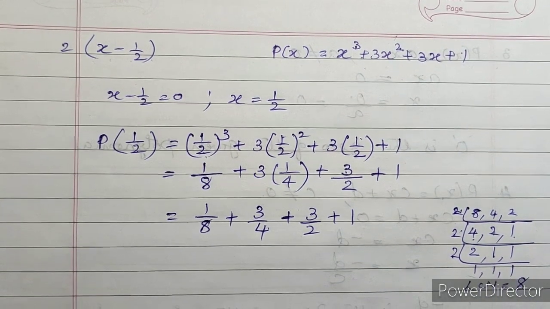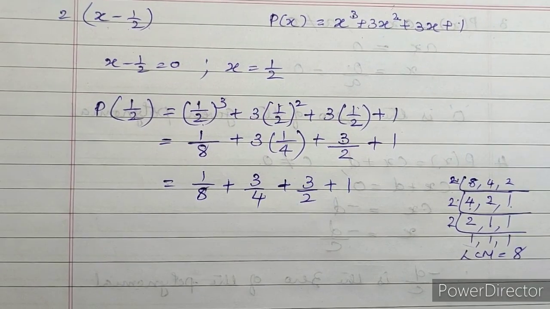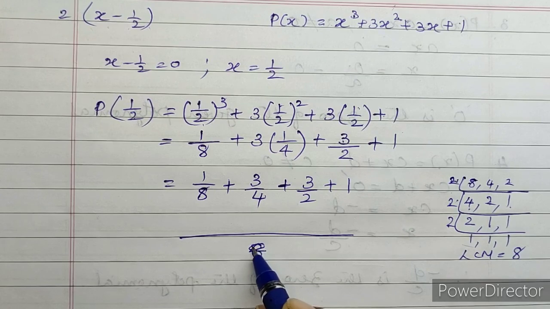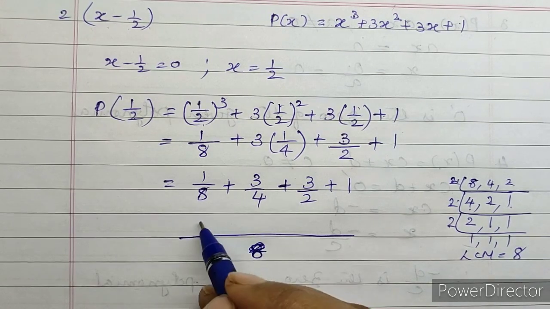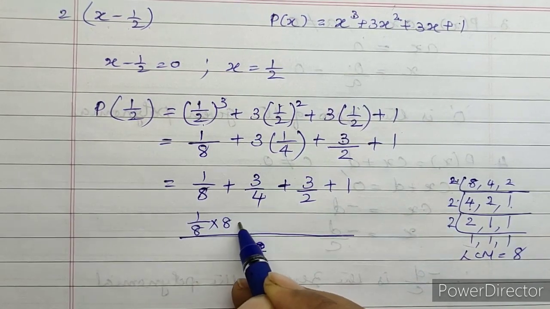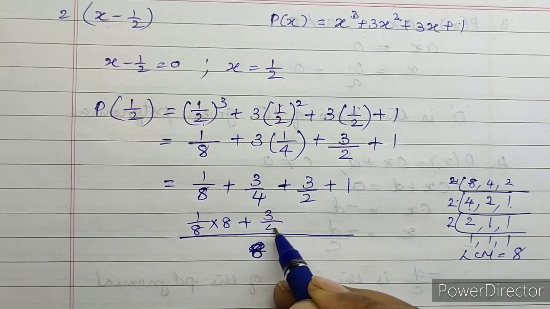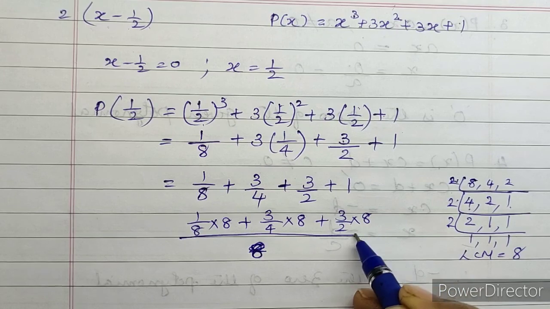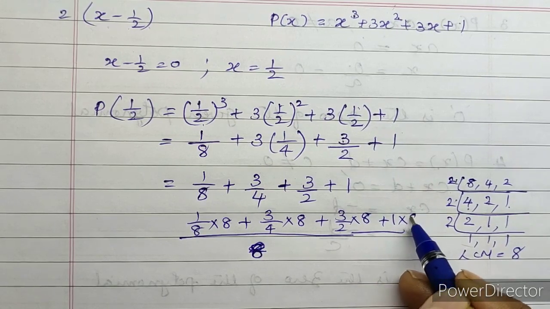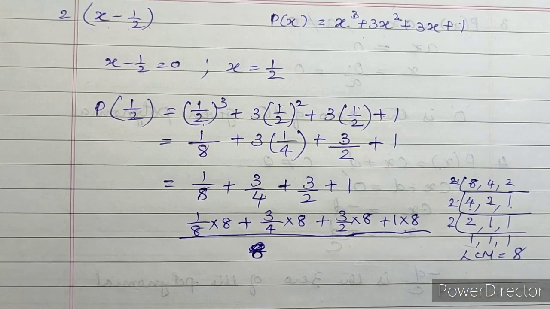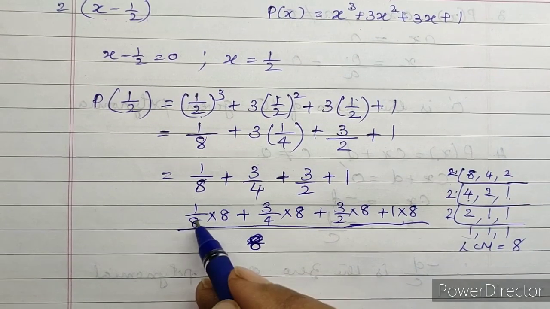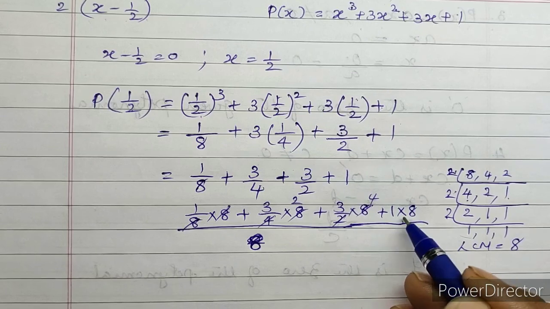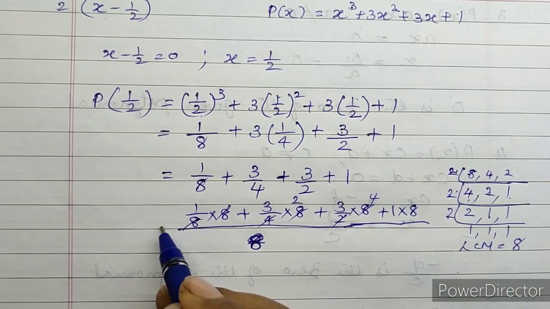Now what you should do? Addition of fractions by using LCM. That is the whole divided by LCM. 1 by 8 into LCM, each term you have to multiply with LCM. Plus 3 by 4 into LCM, plus 3 by 2 into LCM, plus 1 into LCM. Cancel: 4 twos, 2 fours.